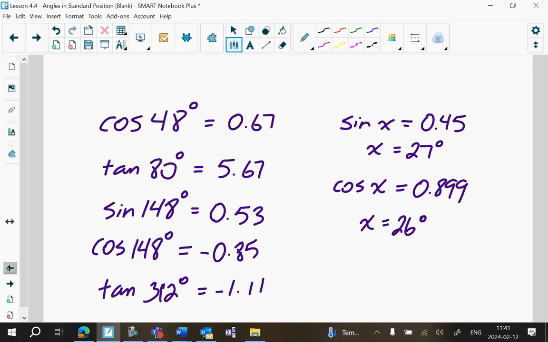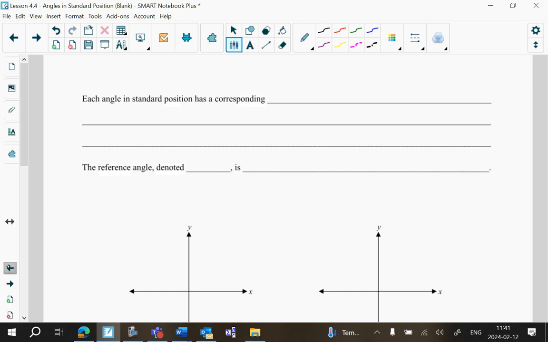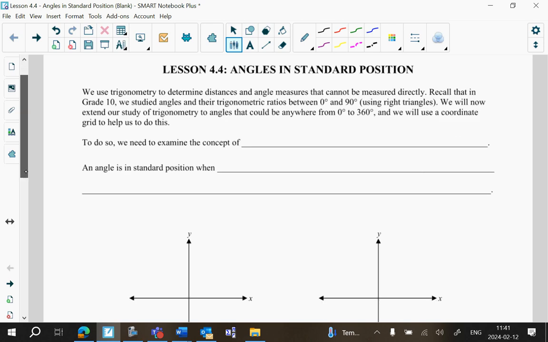To set all this up, we need to be familiar with doing trig that involves angles greater than 90 degrees and up to 360 degrees. That's weird because doesn't trig involve right triangles?